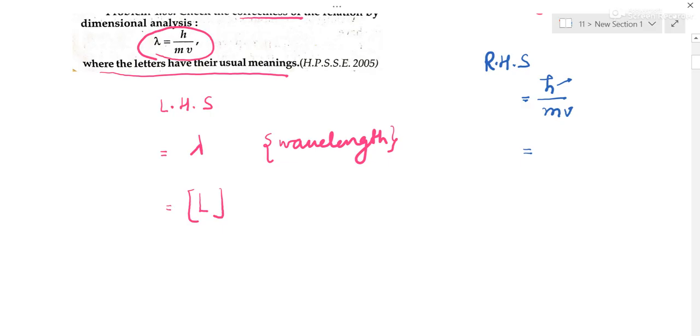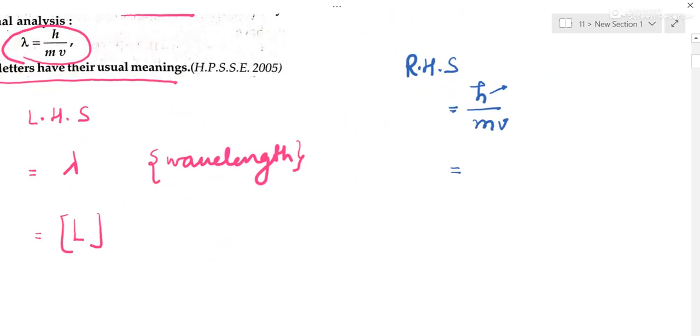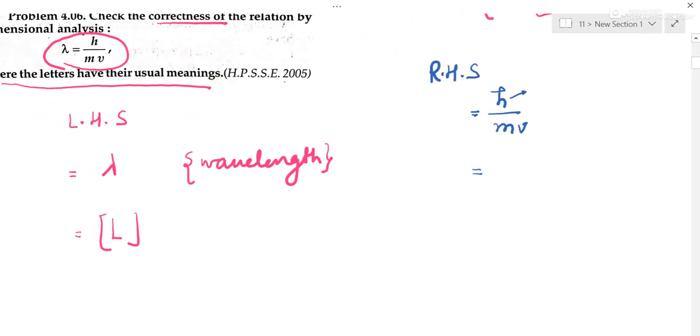It is new for you, but we have to prepare it. H is Planck's constant. And when I told you the dimensional formula of many quantities, I told you that Planck's constant has the dimensional formula equal to that of angular momentum. So please just recall the formula of angular momentum.